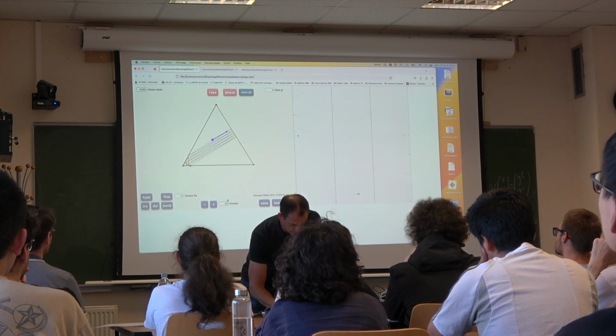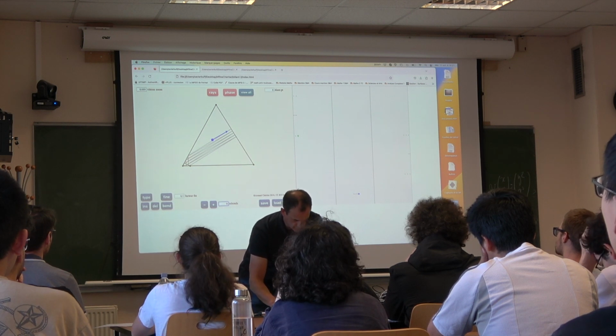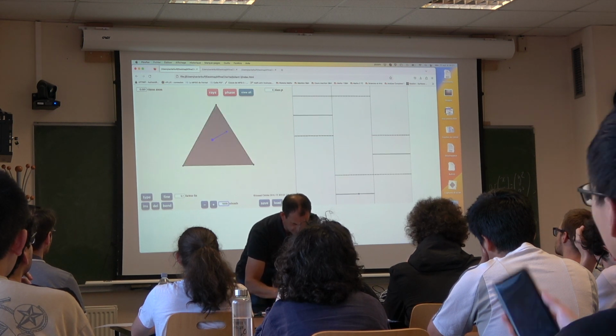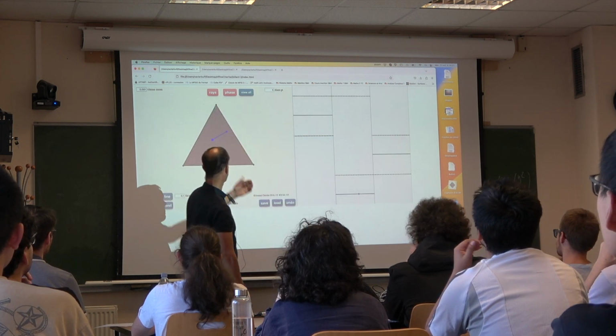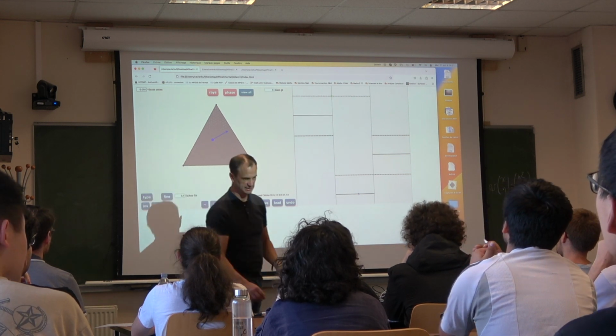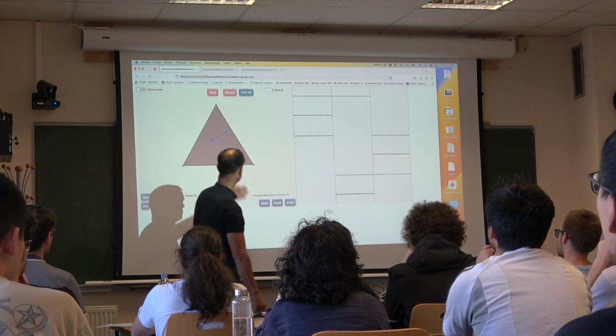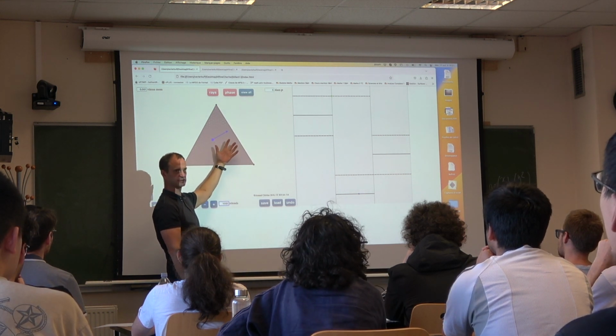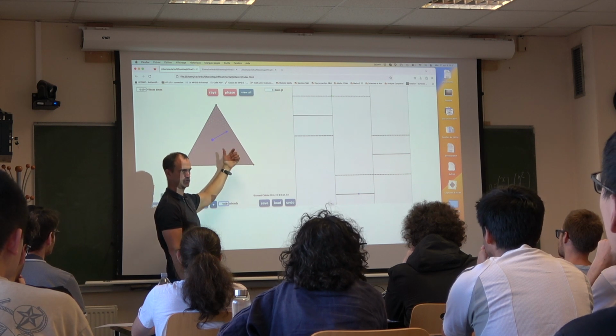And I can put, let's say, 1000. It's difficult to see the picture. It looks like the trajectory goes everywhere in the triangle, so we would say that it's a dense trajectory in the triangle.